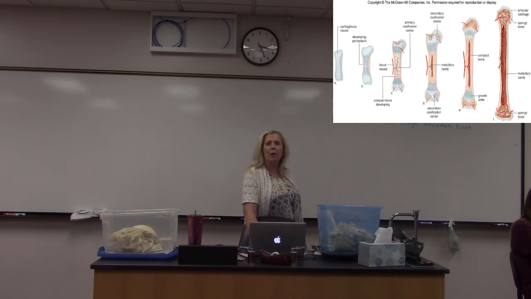It's also growing longer. Now, in this region right here, it's still cartilage, and in this region, we're turning the cartilage into bone. So notice here, all of the shaft of the bone, or the diaphysis, has actually ossified. It's become bone. The end of the bone here has also ossified, but there's cartilage right here.